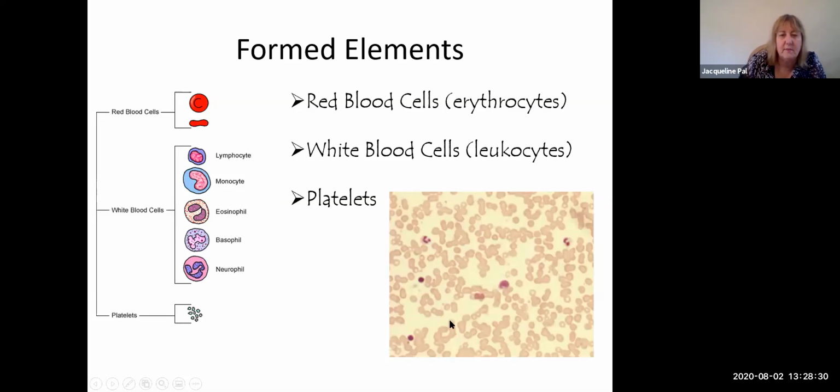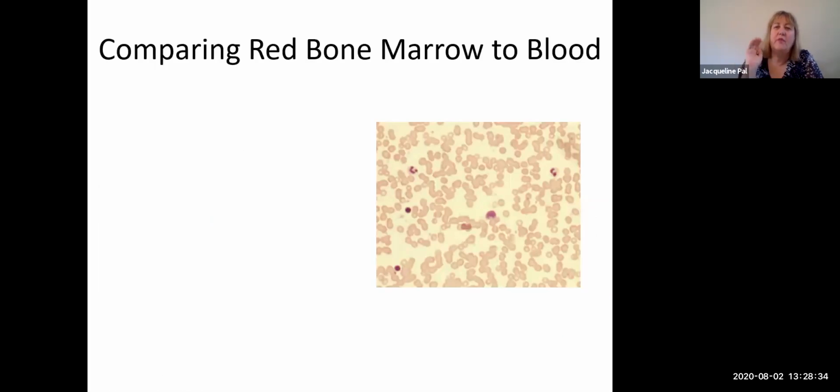And I want you to recall that blood is not red bone marrow. Okay. Red bone marrow is in spongy bone. Okay. Red bone marrow is where hematopoiesis, production of all blood cells, occurs. Okay.